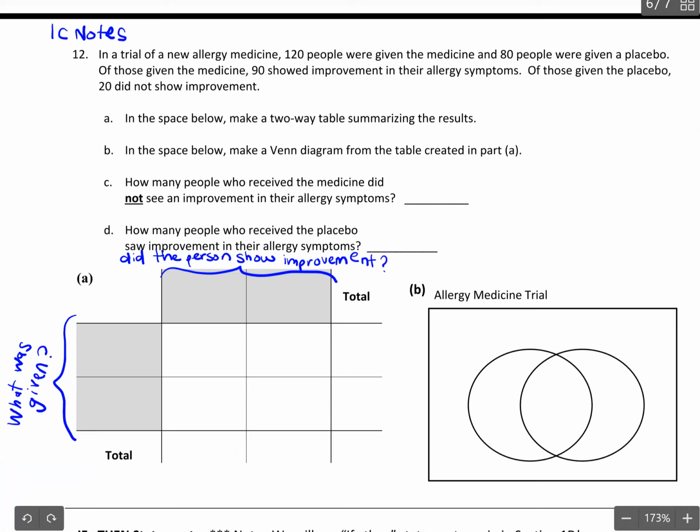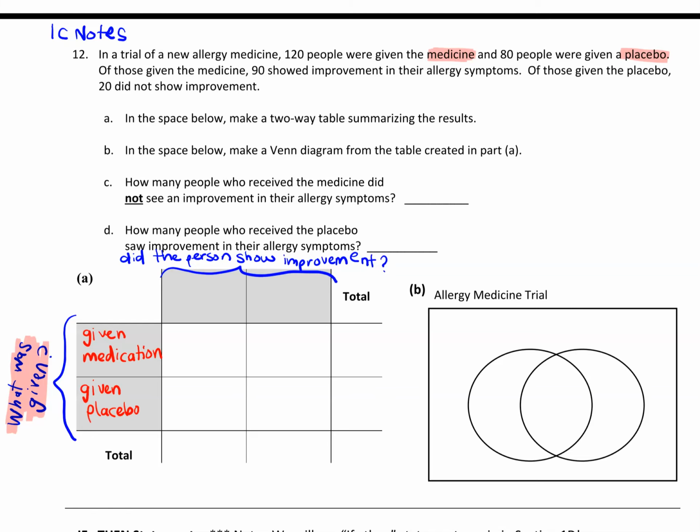Okay, so that first binary situation was about what was the patient given? There's only two options, right? They were either given the medication or the placebo. So I'm going to just arbitrarily choose my rows to represent what was given. So they were given the medication, or they were given the placebo.